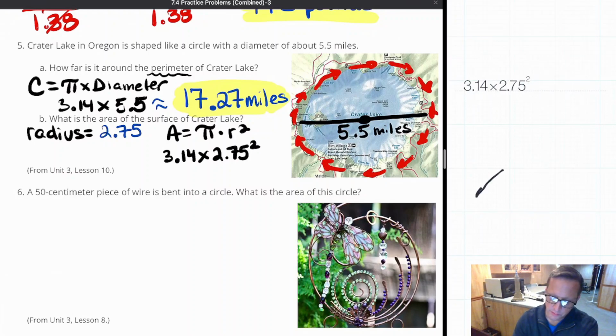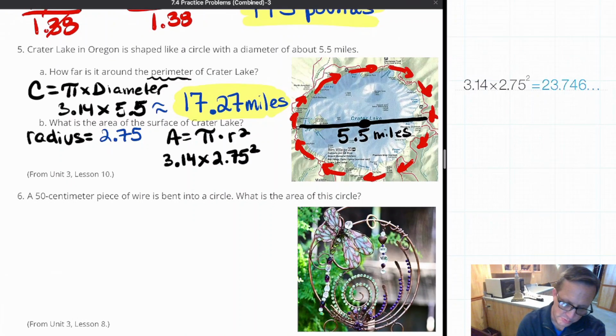All right, oops. So that's 23.74. So it's about, and I'm going to round this, about 23.7 square miles.